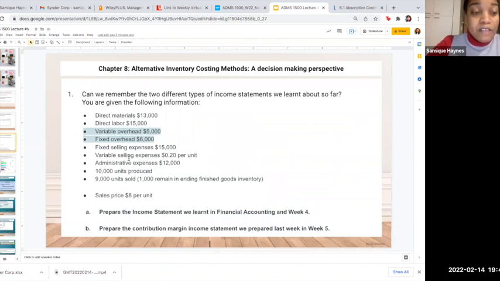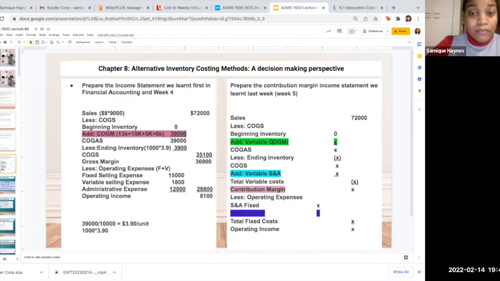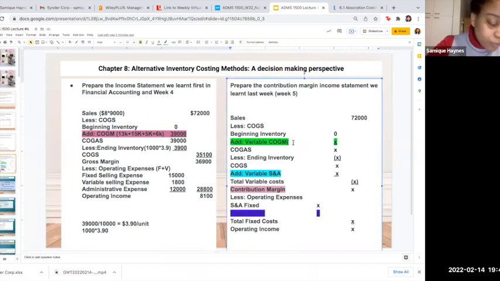Variable selling expense will never go into your manufacturing costs, right? So direct materials again was 13K, so we use the same 13K, it doesn't change. Then we also use 15K for direct labor.